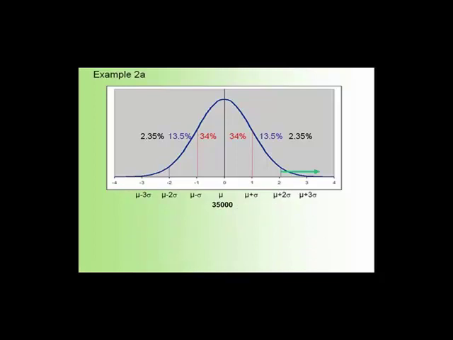For the first part, we want to know those that make more than 45,000. 2.35 according to our empirical rule. In the second part, we want to know those that make less than 30,000. We've got two percentages to put together, those between 3 and 2, those between 2 and 1. Total, 2.35% plus 13.5% is 15.85% would be my estimate.